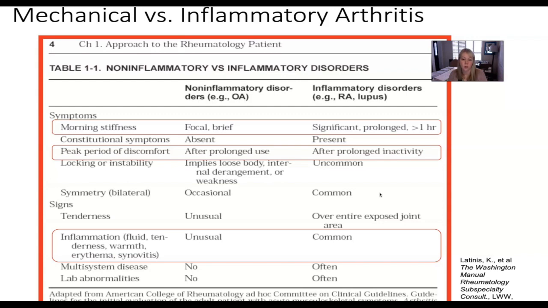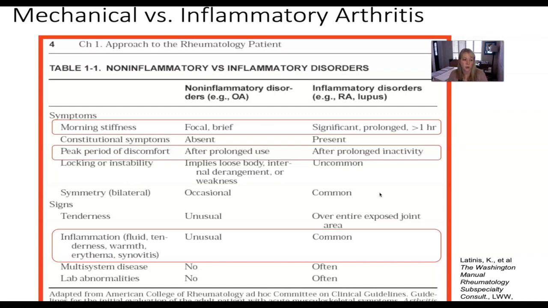So osteoarthritis, for example, as compared to rheumatoid arthritis. One of the main differences is osteoarthritis is usually one joint and not symmetrical. Although people can have bilateral knee osteoarthritis, bilateral shoulder osteoarthritis, rheumatoid arthritis has to be symmetrical because remember, it's an autoimmune issue.